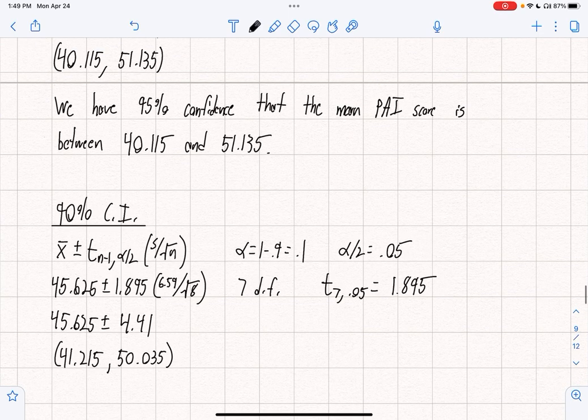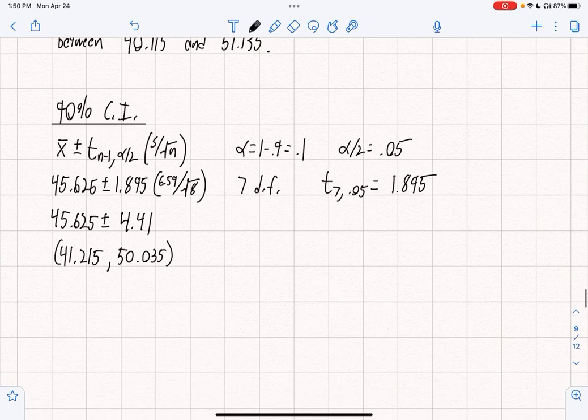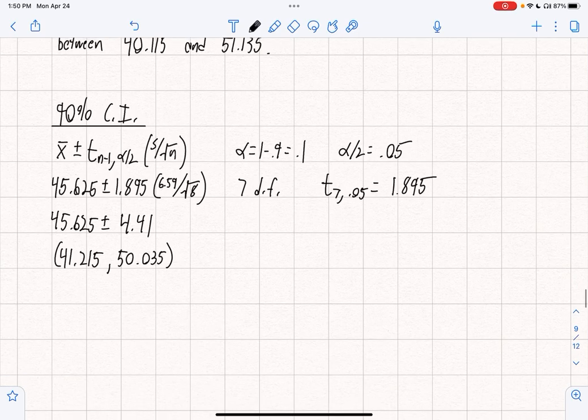Let's compare this to our interval up here. Notice that our lower bound is bigger than this lower bound, and our upper bound is smaller than this upper bound. What that means is that our interval got narrower than the 95% confidence interval.